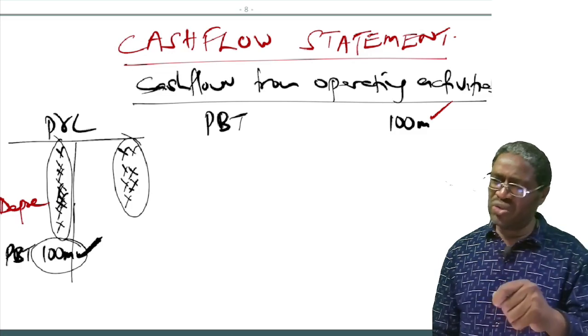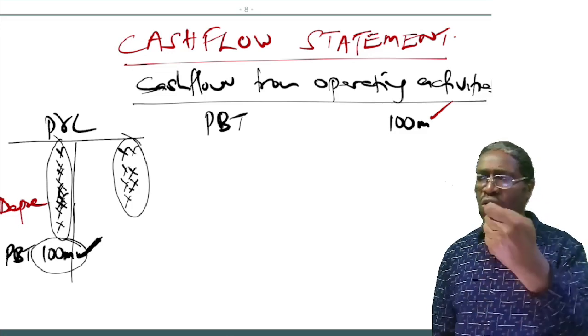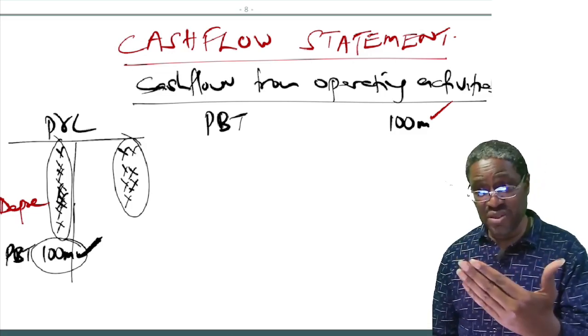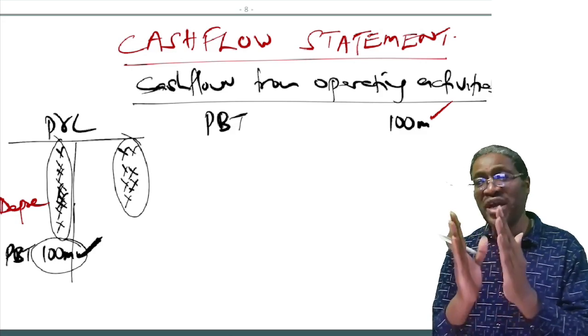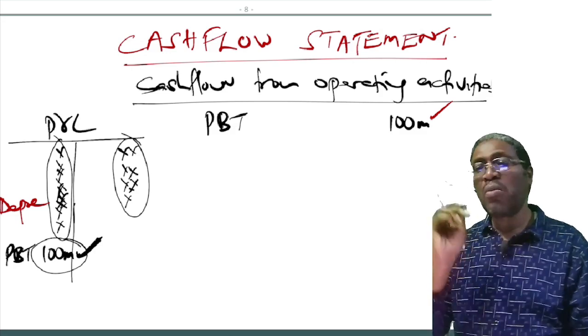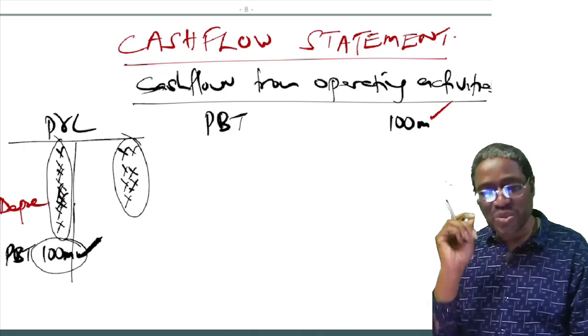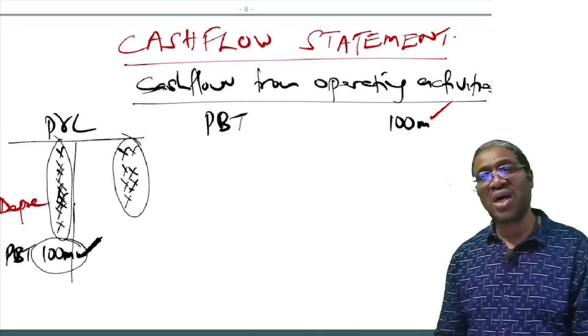So if it was not there, would this profit be more than 100 million or less? It's obvious that when expenses are overcasted, profit is undercasted.